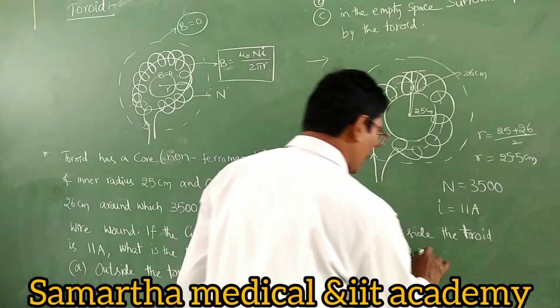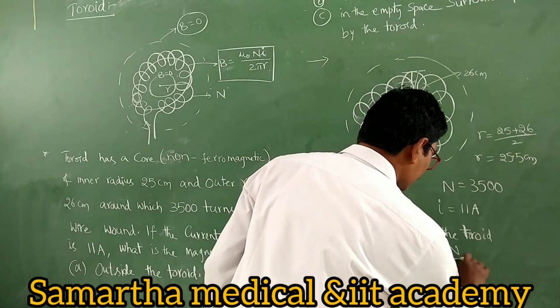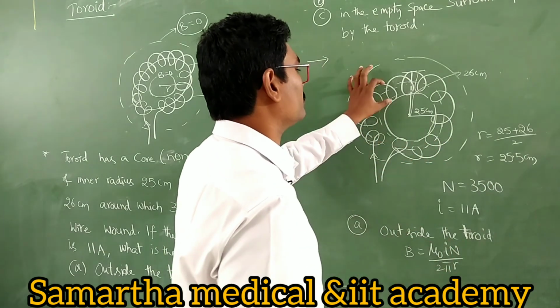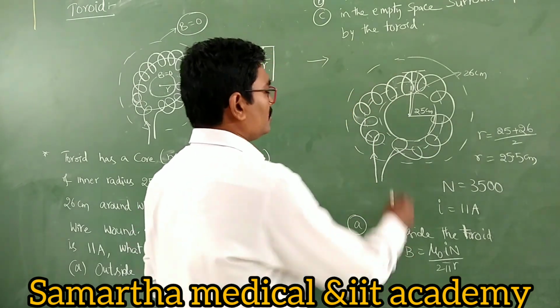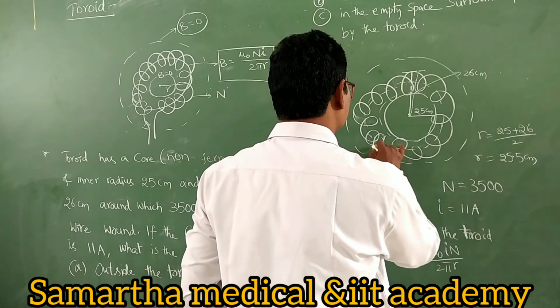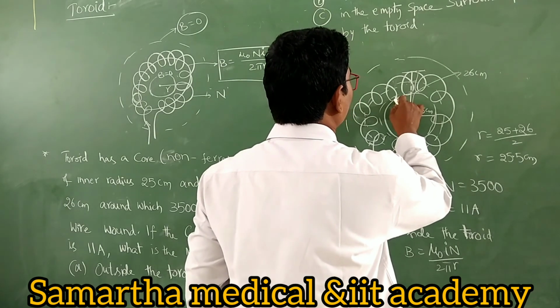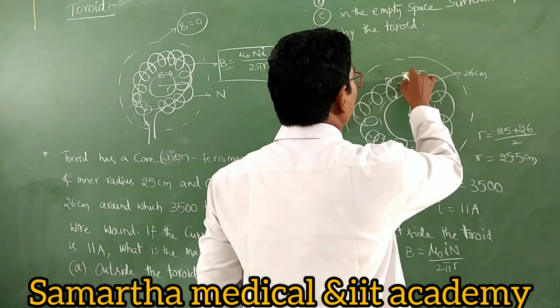B is equal to the formula mu naught I into N by 2 pi R. So what is the value of current enclosed by this toroid inside the region? Suppose this is the direction of current going inside, then this side it comes out. So here you see, if it is going inside, here current comes out.